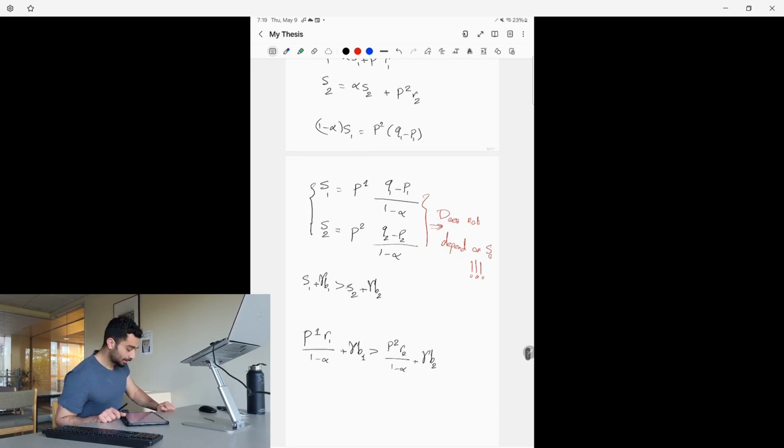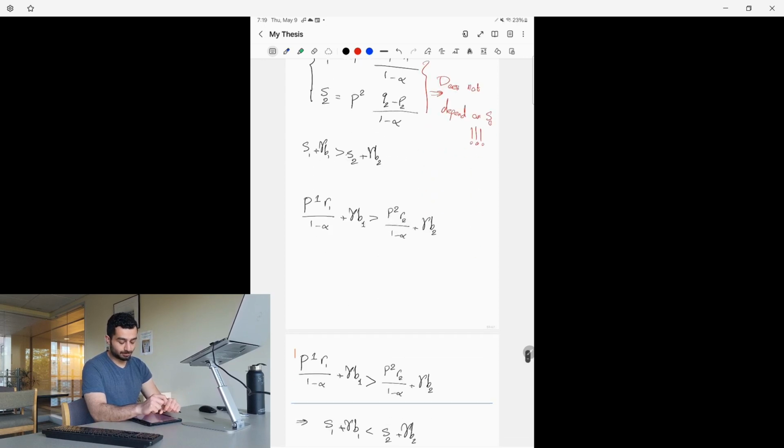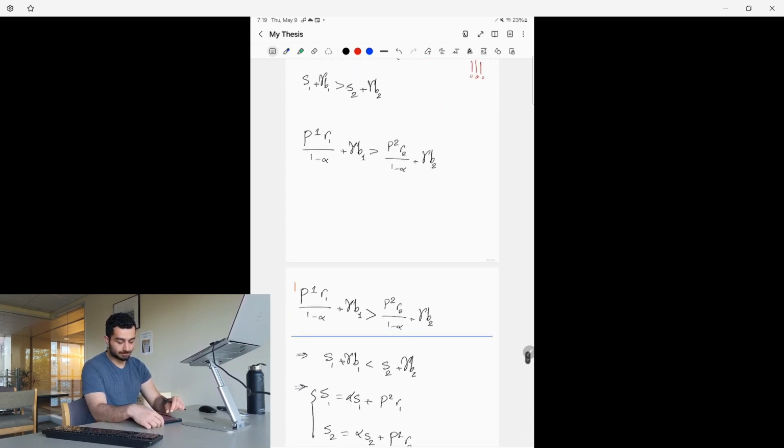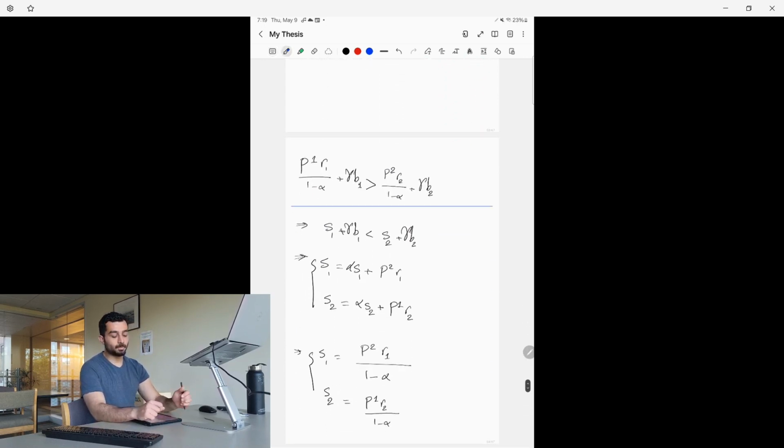And S1 plus gamma B1, S2 plus gamma B2 will end up in this: P1 R1 (1 minus alpha) plus gamma B1, P2 R2 (1 minus alpha) plus gamma B2.